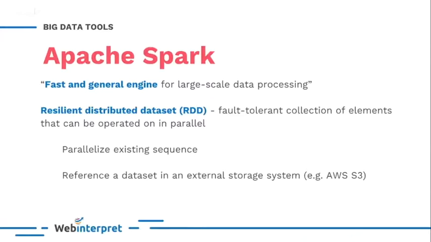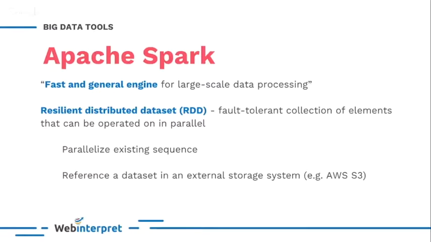So it's, as they write on their page, a fast and general engine for large-scale data processing. The basic structure used in Spark is the resilient distributed dataset. It's a collection of elements that you can work on in parallel. So how can you get such a structure, because you basically have to get such a structure somehow to start working with Spark.